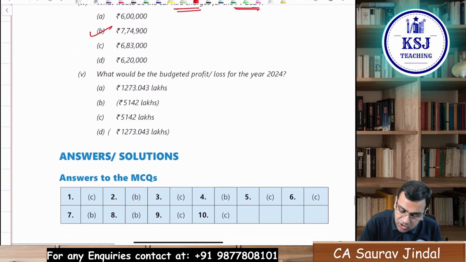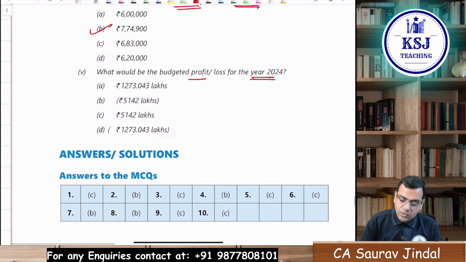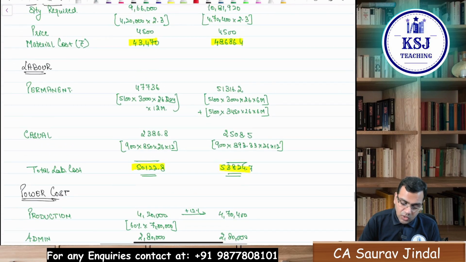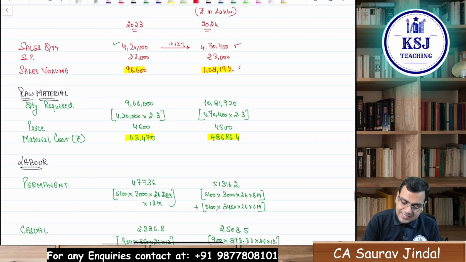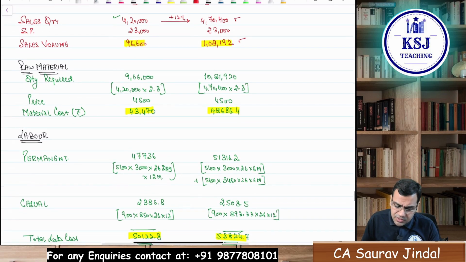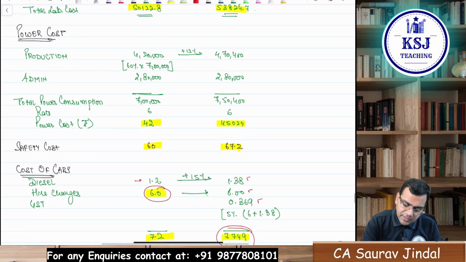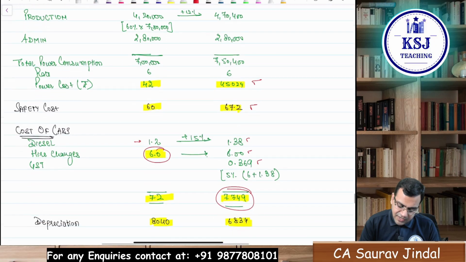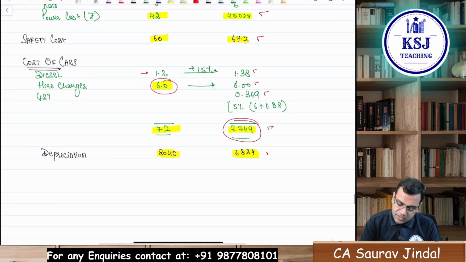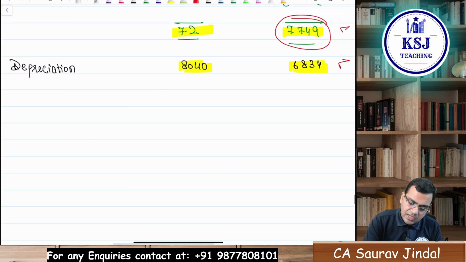What would be the budgeted profit or loss for the year 2024? Budgeted profit and loss means what now? This is sales minus all the cost. All the cost means this material cost, right? This labor cost, this power cost, this safety and maintenance cost, this cost, this cost. So finally, what you will get here is your profit or loss, right?